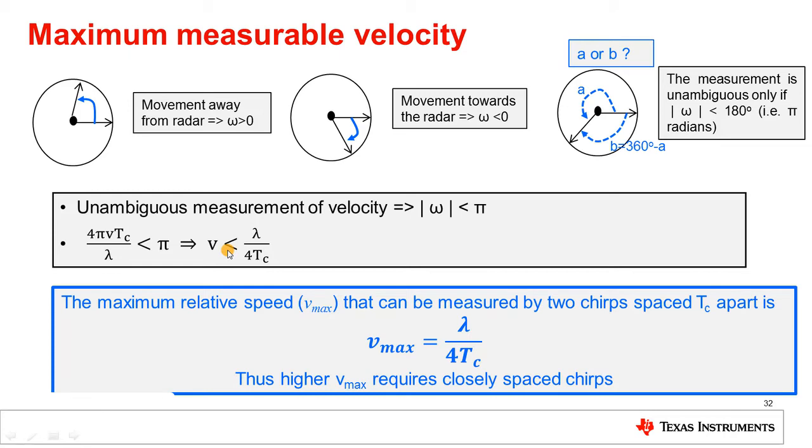So the takeaway here is that the maximum relative velocity that can be measured by two chirps spaced Tc apart is given by this expression. You can see here that a higher Vmax requires that the chirps be closely spaced.